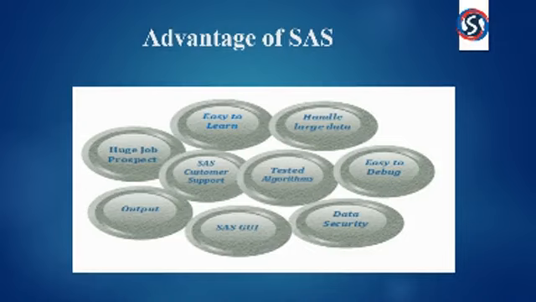That's why it is a closed source language. The data in SAS is completely secure. In the case of office use, without the license we cannot extract the data, and manipulation is not possible because of the data security. This is the reason behind its popularity in the corporate world.